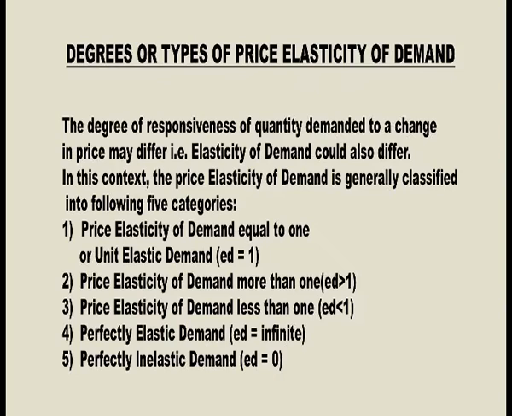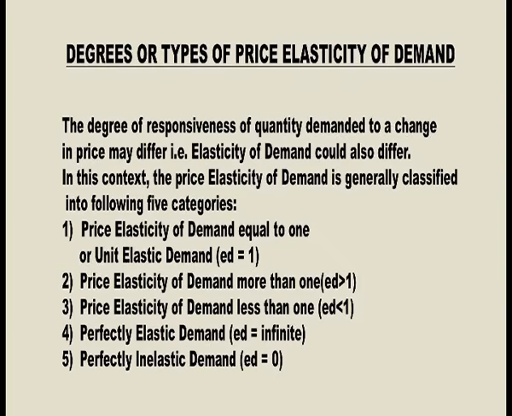Second, the price elasticity of demand more than 1. Third, price elasticity of demand less than 1. Fourth, perfectly elastic demand. That means the elasticity of demand is infinite. Fifthly, the perfectly inelastic demand. That means the elasticity of demand is equal to 0.